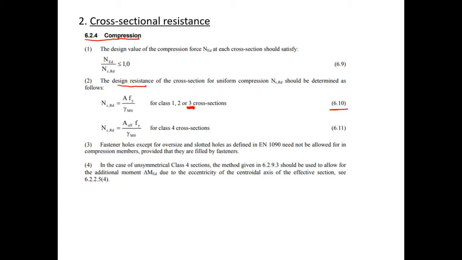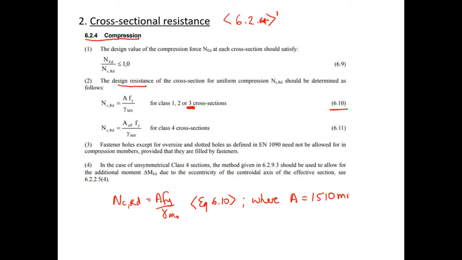Okay, so we're doing the cross-section resistance here. Step 2 is cross-sectional resistance, which we're going to do according to 6.2.4. We have Nc,Rd equal to the cross-section area times the yield strength all over the material factor of safety, which is from equation 6.10. We have the cross-sectional area, which is 1510 millimeters squared.